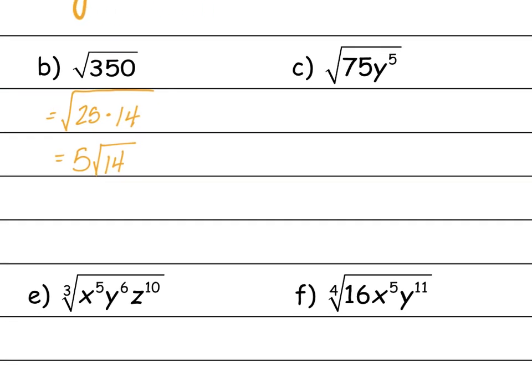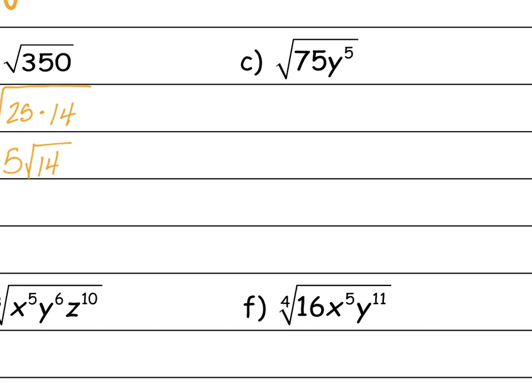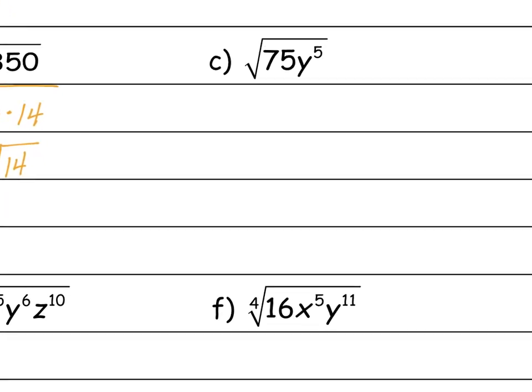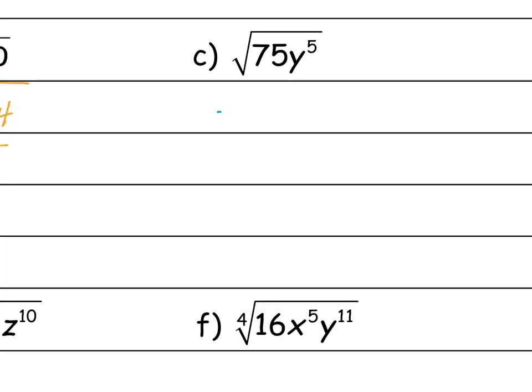Come on, slide over. Okay, now we got 75. What goes into 75? 5. What perfect squares go in there? 25. And how many quarters are in 75 cents? 3. So 25 times 3 times y to the 5th.